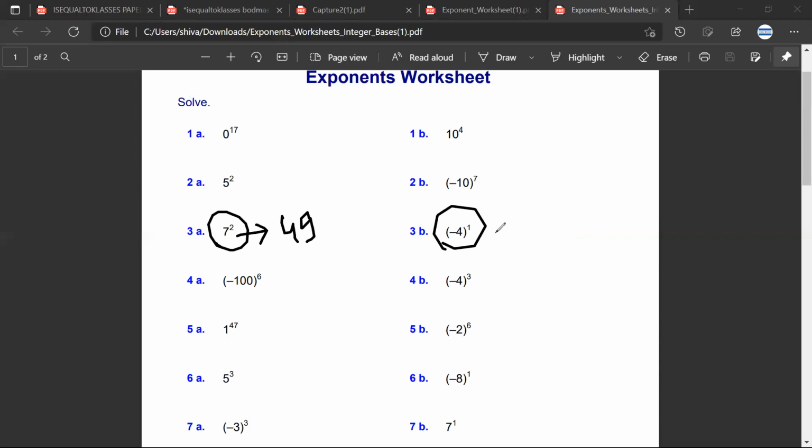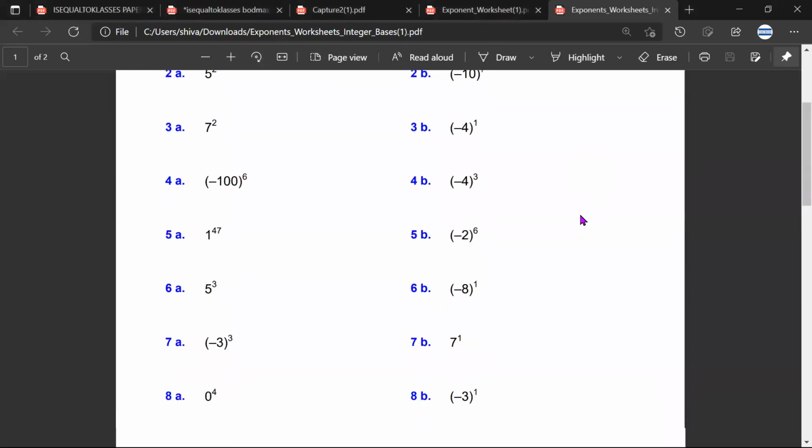No, it can't be, because my exponent is positive. Have you understood? Yes, sir. My exponent is positive. So I can't have 1 upon anything. So minus 4. That's it.